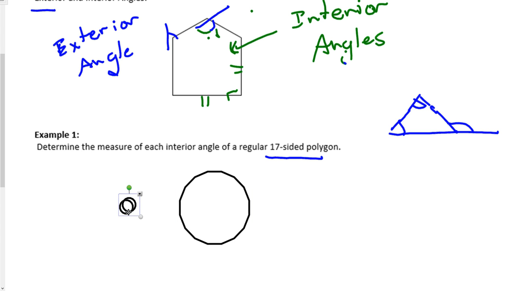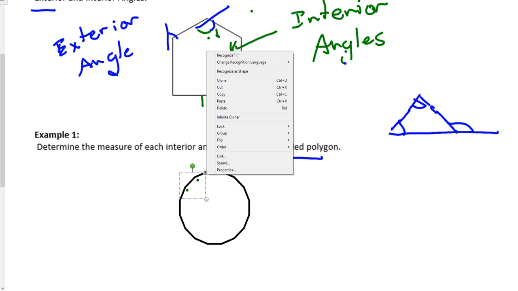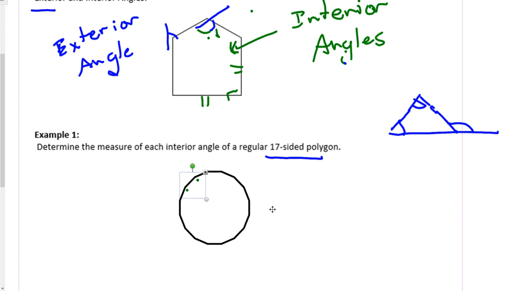So that's 16-sided. It almost looks like a circle, but what we want to do is find the sum of each little angle here. There are 16 of them altogether, and we want to find the measurement of each one and then add them all up.